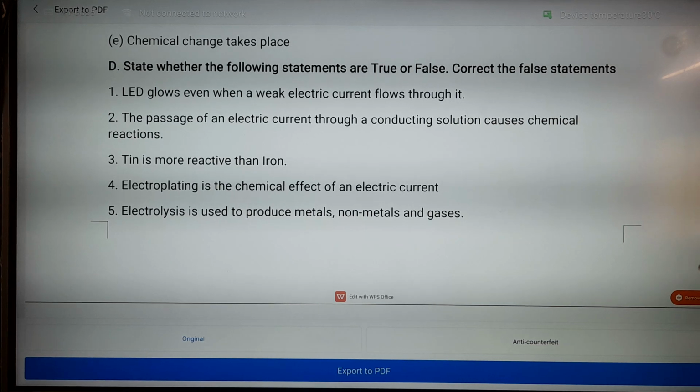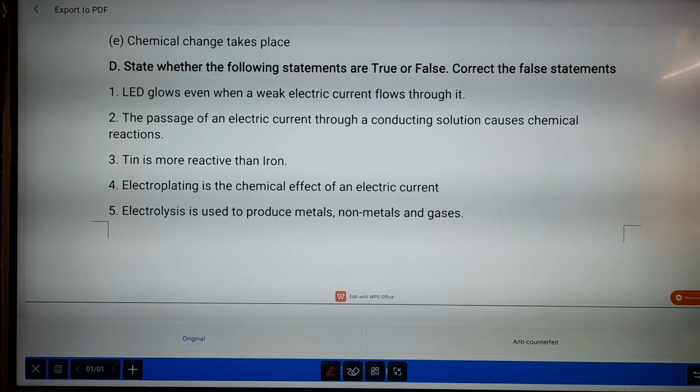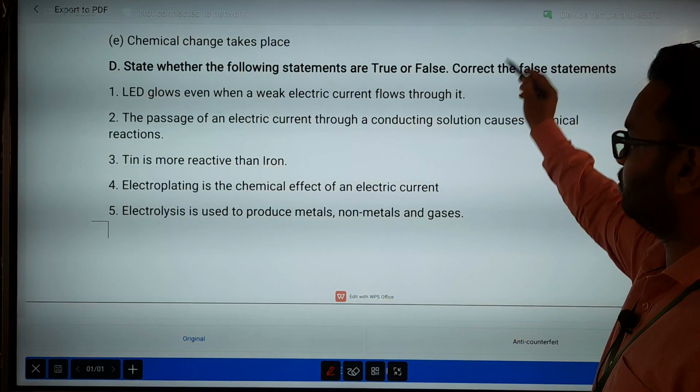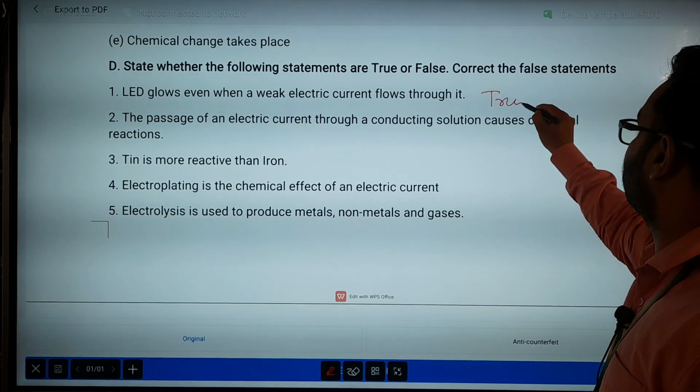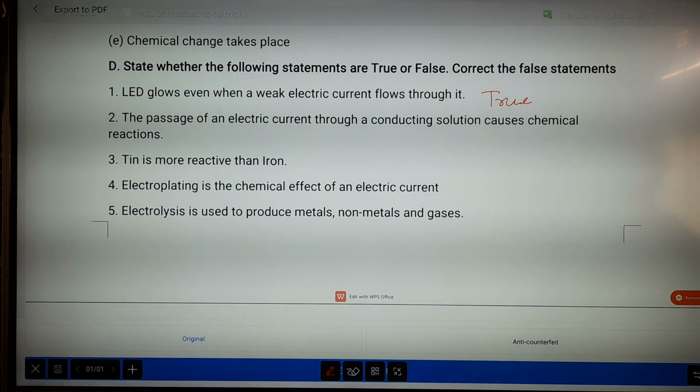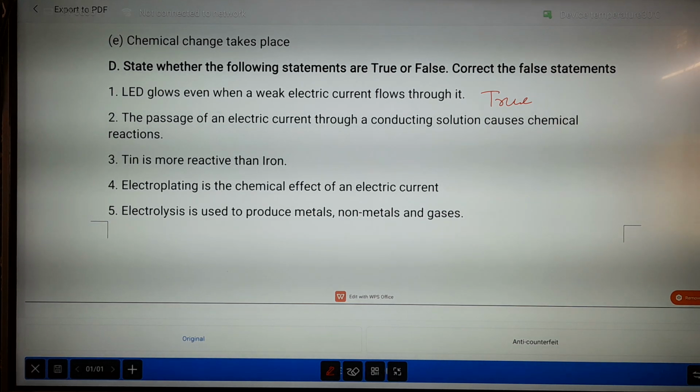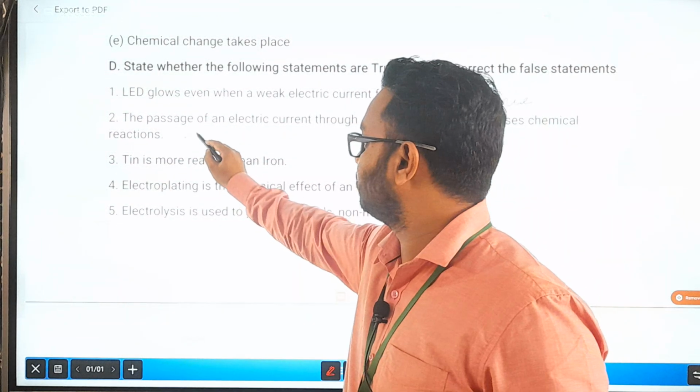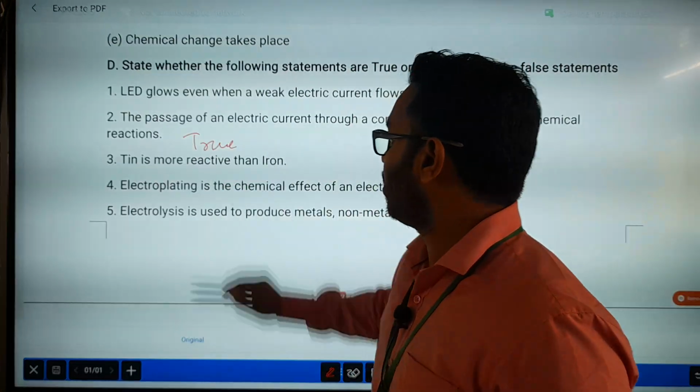Very good. The answer will be true. The passage of electric current through a conducting solution causes chemical reaction. True. Next.